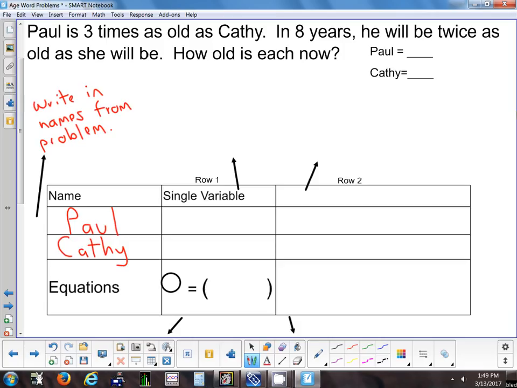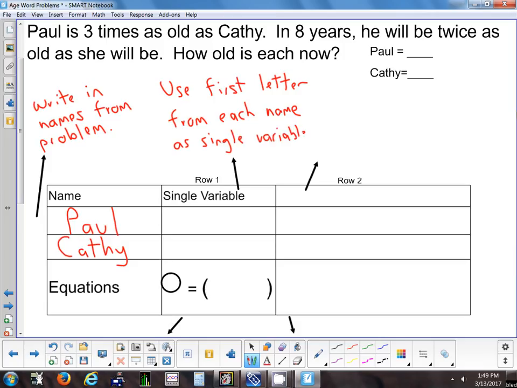I'm going to look at this next arrow here where it says single variable. I'm going to use the first letter from each name as the single variable.